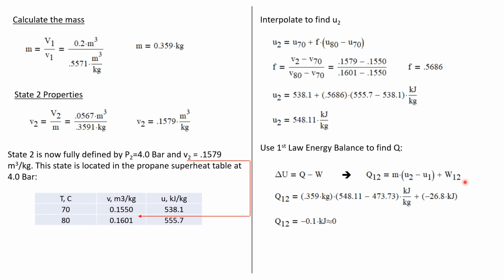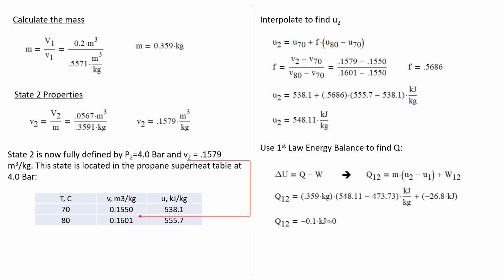We have all of these terms. We know the mass, we have the specific internal energy at state 2 minus the specific internal energy at state 1, plus the work term, which is negative. And I calculate that the heat transfer during this process is minus 0.1 kilojoules, which is very nearly zero. Not quite zero, but very close to zero.